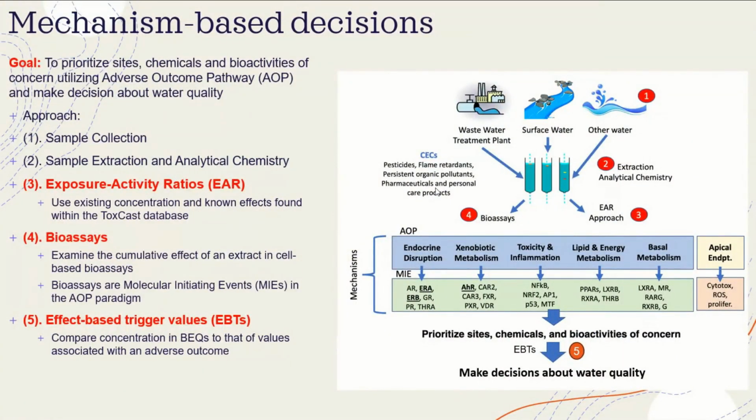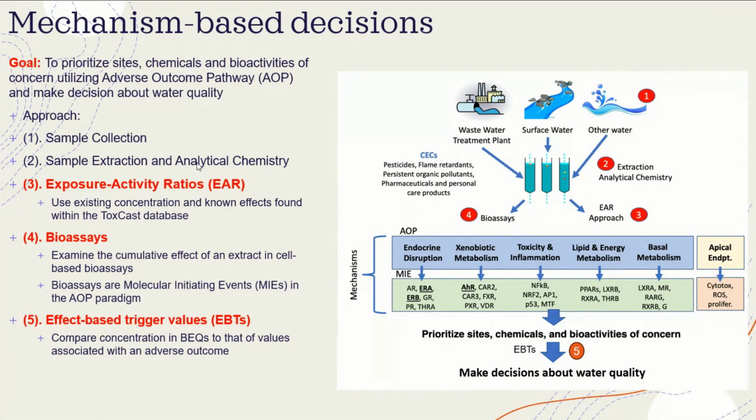So again, what we're trying to do is use mechanisms. For the next part of my talk, we're going to go through three different ways that we can approach making decisions about water quality. We're going to assume at this point that we have our samples collected, extracted, and already sent out for our normal analytical chemistry.